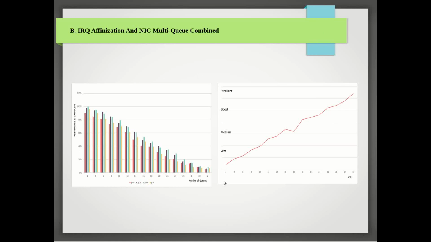In the left picture, we can see that with the increasing number of queues, the presence of the CPU is decreased. And in the right picture, with the increasing number of CPUs, the quality of service is raised.